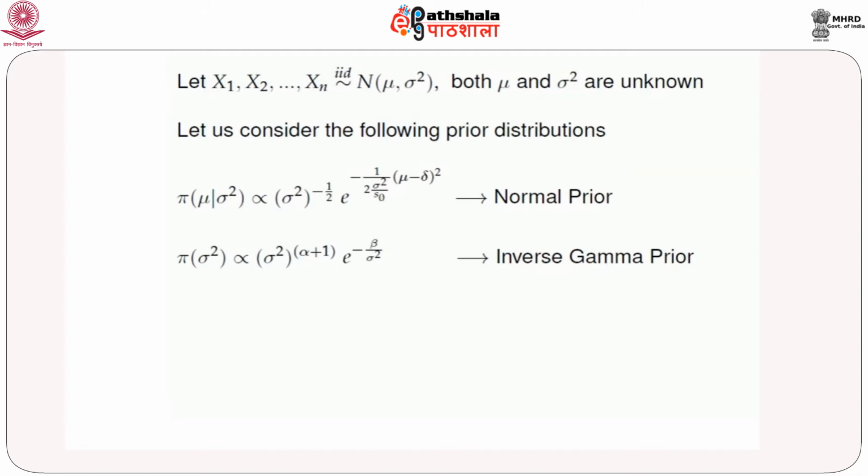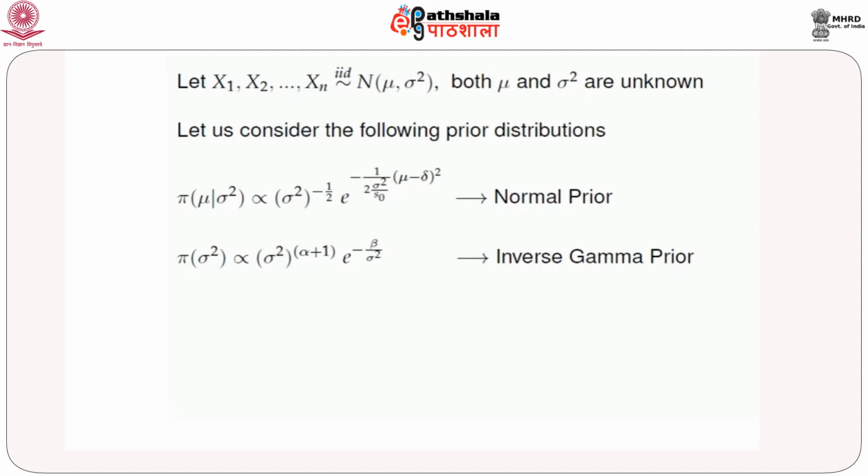The prior distribution of mu given sigma square as shown below, that is, it is normally distributed with mean delta and variance sigma square over S naught, these being the corresponding hyperparameters, and the prior distribution of sigma square is as given below, and this follows basically an inverse gamma distribution with parameters alpha and beta, that is, we have alpha and beta as the hyperparameters.